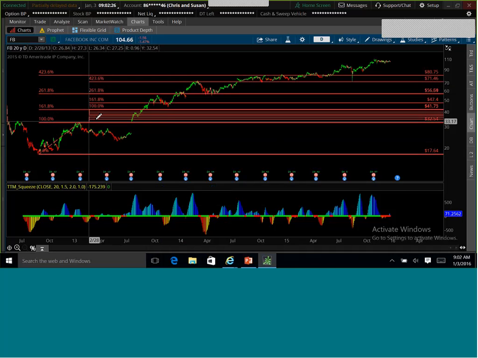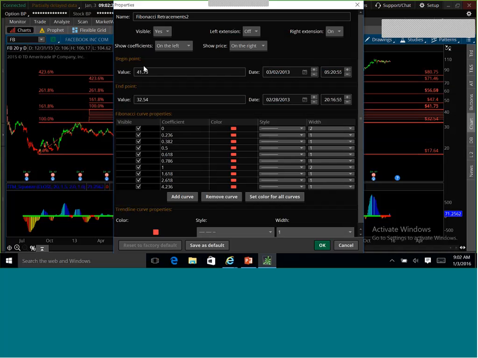First, you draw another Fibonacci tool in there, and you uncheck everything except for the 3.82 and the 618, and you make those orange. Some other people like to use green for this level. I'm going to stick with orange.